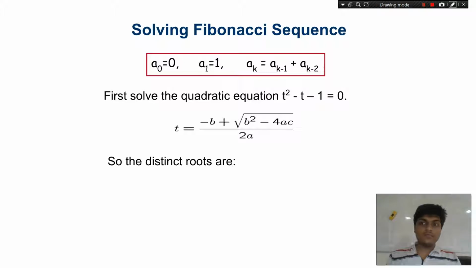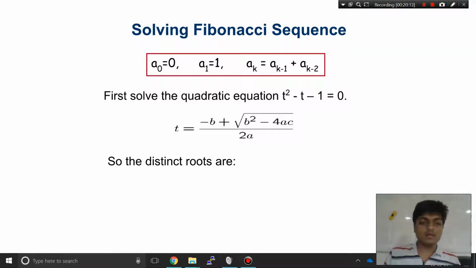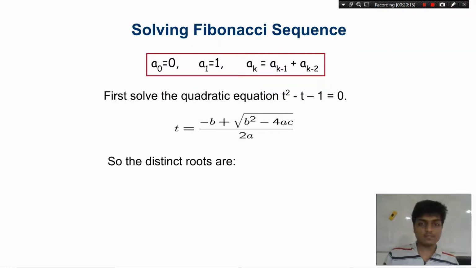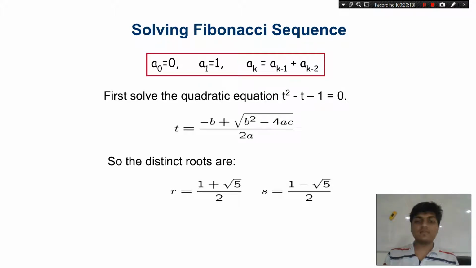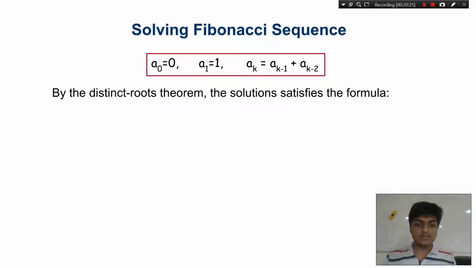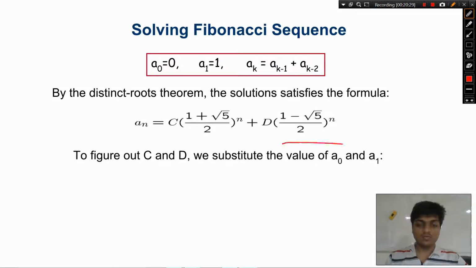Now we solve the Fibonacci series by the methods we have developed so far. For the Fibonacci series, we've seen that a0 and a1 are given by 0 and 1, and the series itself is given by a_k equals a_{k-1} plus a_{k-2}. So the quadratic equation is t squared minus t minus 1 equals 0, and the roots are (1 plus root 5) by 2 and (1 minus root 5) by 2.